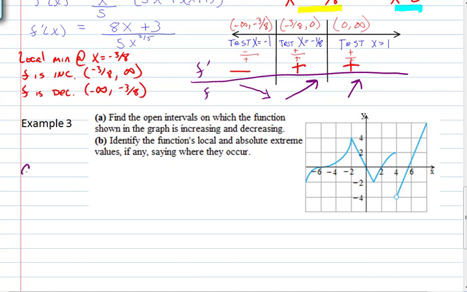It's increasing on the interval from negative 8, not infinity, to negative 2, union 1 to 8.